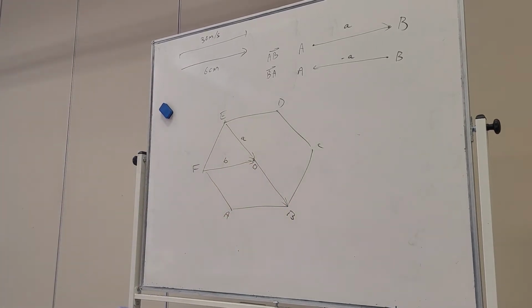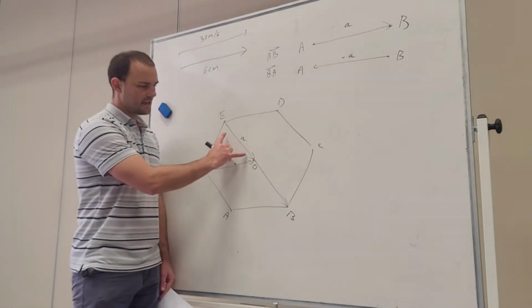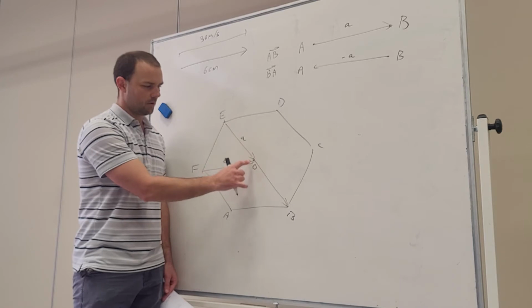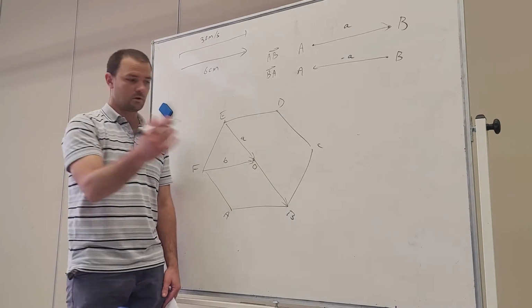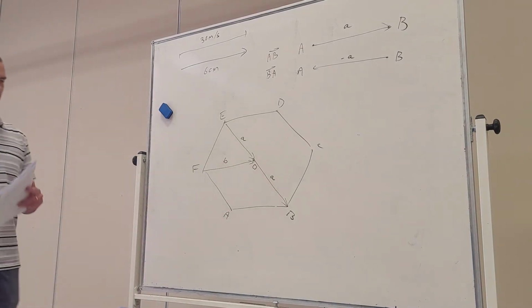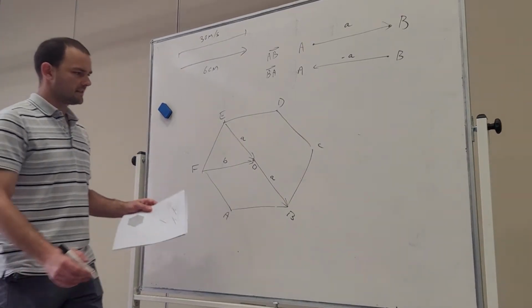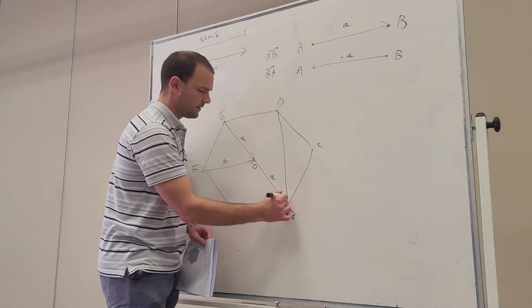So vector OB, we've drawn it there, and we can see it's actually the same direction as vector EO and the same size as well, because it being a hexagon, that's the middle of it. So we could also label that as a. It's got the same size and direction as vector EO. Draw a vector that begins at D and ends at B. That would be this one here.